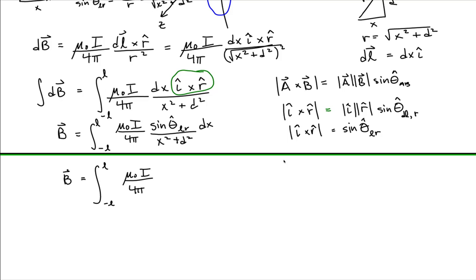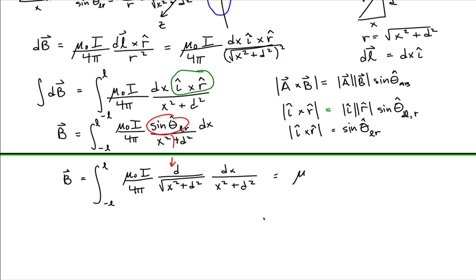We just said that the sine of the angle is equal to d over the square root of x squared plus d squared. That is the sine of the angle right here. And this is dx over x squared plus d squared.